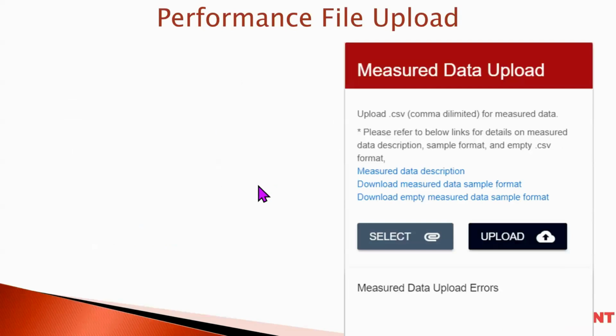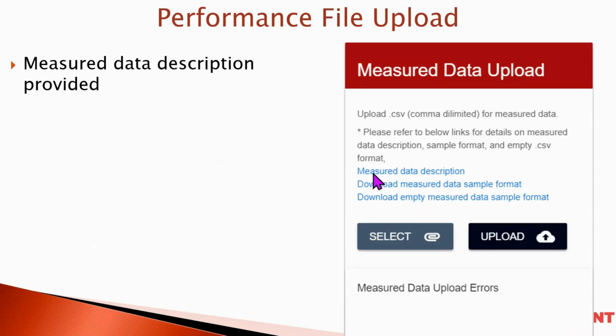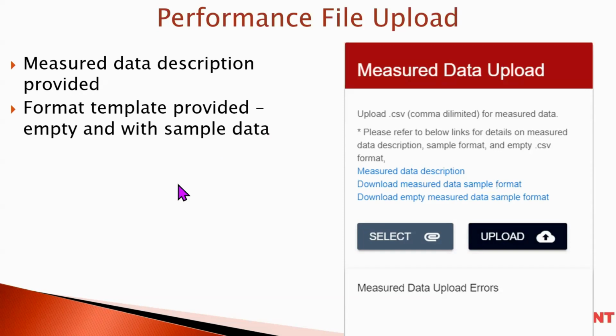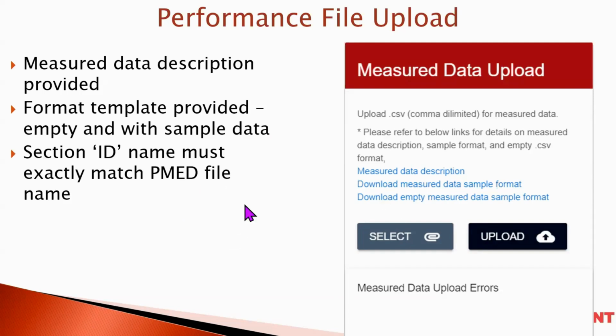And for the performance file upload, there's a couple links here that give you the data description for each type of distress. There's a template provided, both one that's empty and with the sample data.